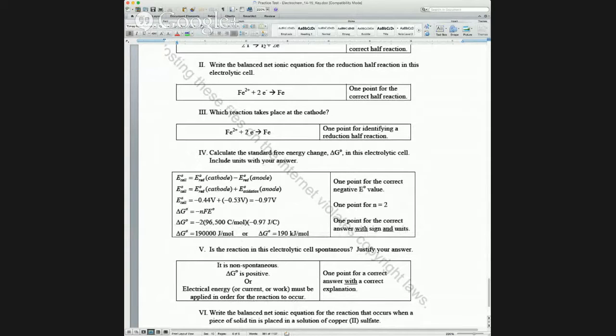Gosh, let me go back and see. I feel like I did something different with the test. All right, guys, just hold on a second and see what you guys are looking at, if it's the same as what I'm looking at.